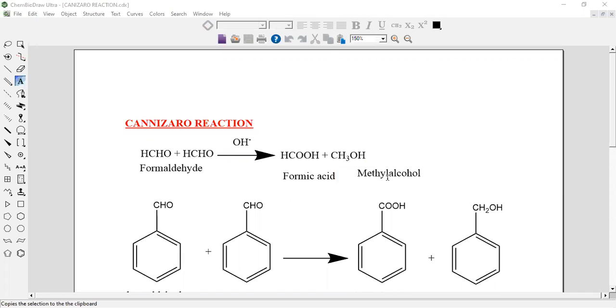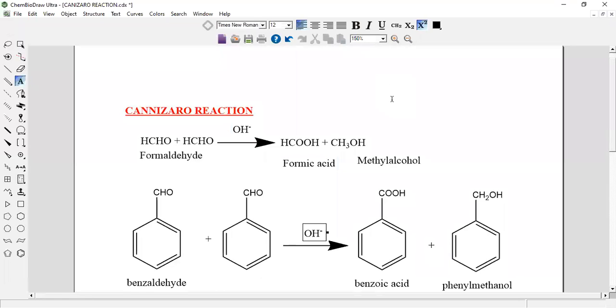Write down an example. Formaldehyde undergoes self-redox reaction in the presence of a base to give formic acid and methyl alcohol.